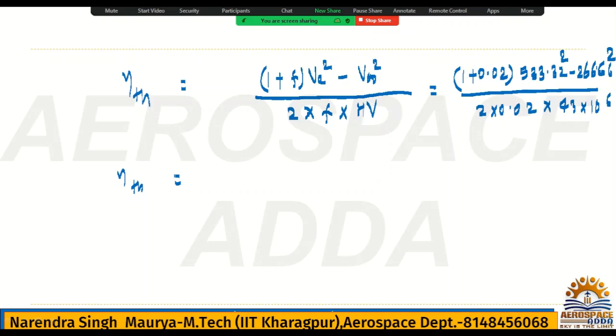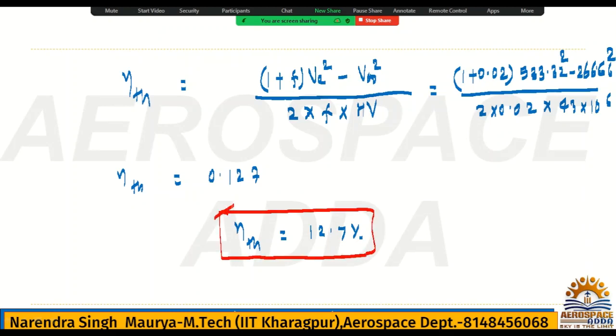Here I am getting 0.127, or you can write 12.7%. This is the thermal efficiency, 0.127 if you solve it.